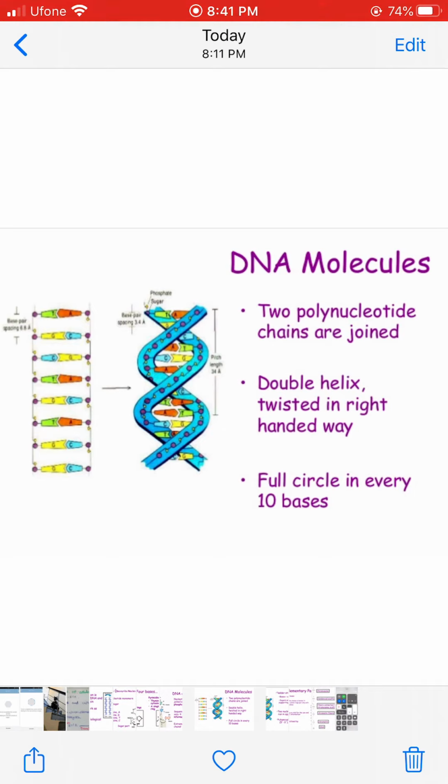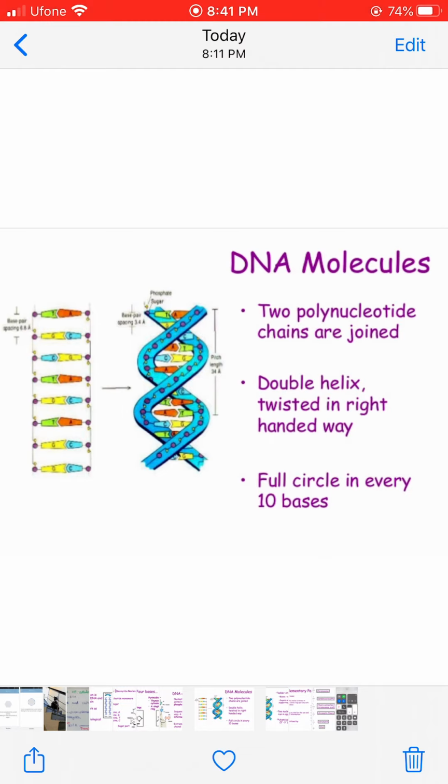Here, when all the bonding is done, then two polynucleotide chains are joined together by forming a double helix. Double helix means two DNA strands are joined around each other and give rise to a double helix, which is twisted in a right-handed way.